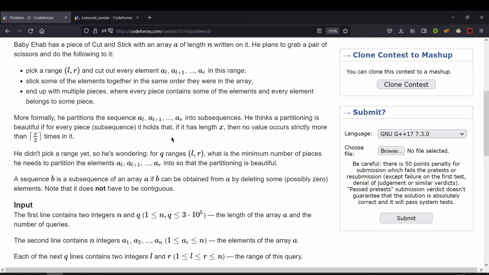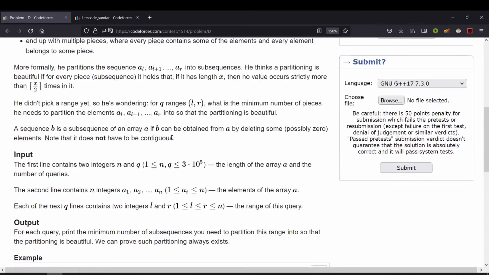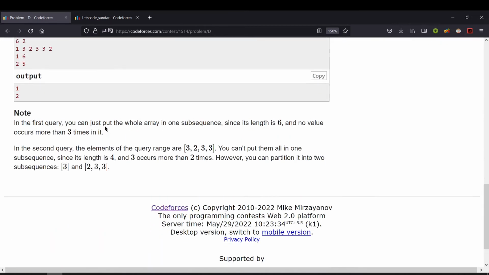He didn't pick a range yet, so he's wondering for q queries L R, what's the minimum number of pieces he needs to partition the elements into so that the partitioning is beautiful.